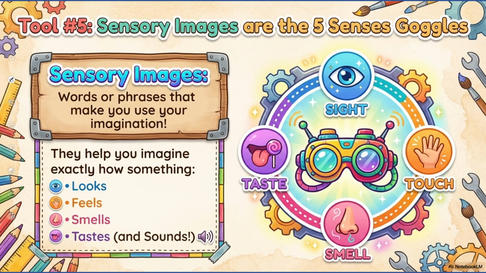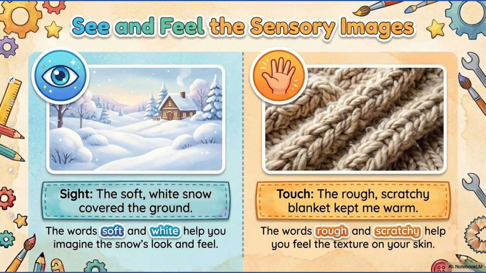The other one is sensory images. We use special sensory words related to looks, feels, smells or taste. All of these sensory images or words make the poem very interesting. It gives you the feel. For example, the soft white snow covered the ground.